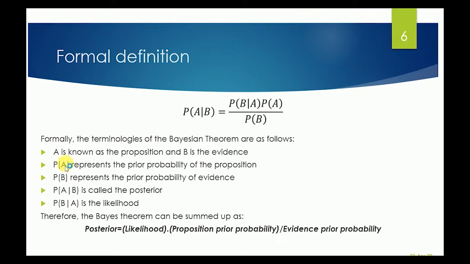The probability of A given B is called the posterior probability. That is, we need to find the probability of the proposition given that the evidence is known to us. So Bayes theorem can be summed up as: the posterior probability is computed from the likelihood times the prior probability of the proposition, divided by the prior probability of the evidence.